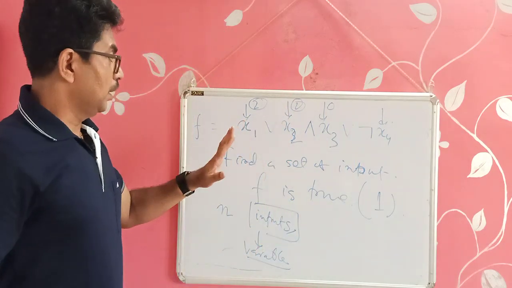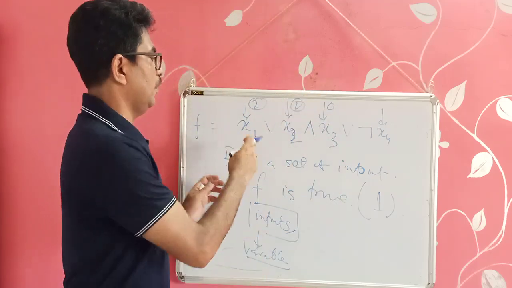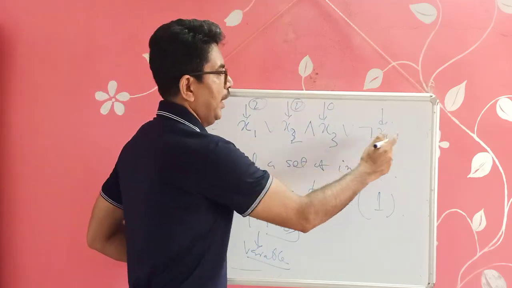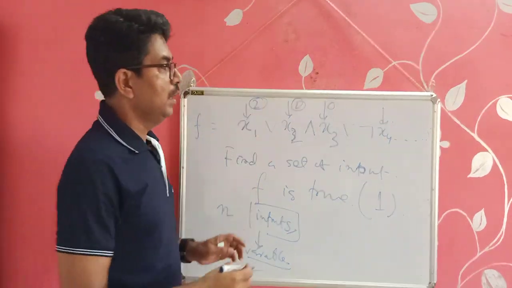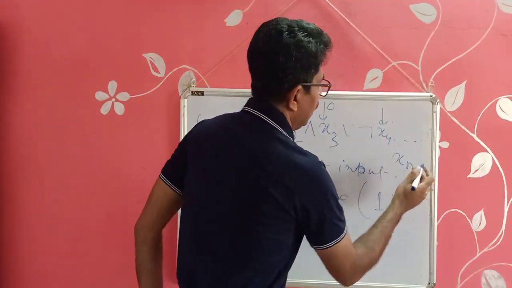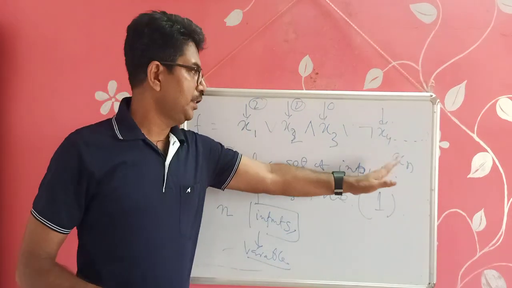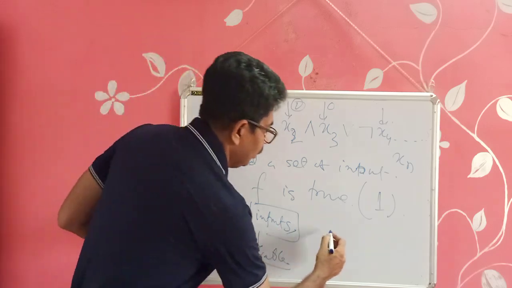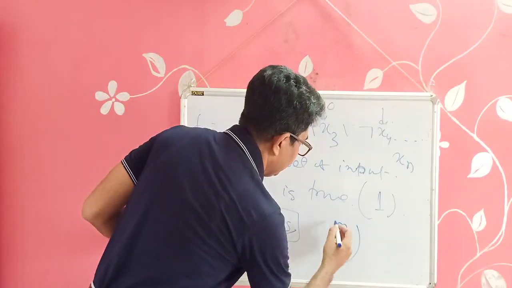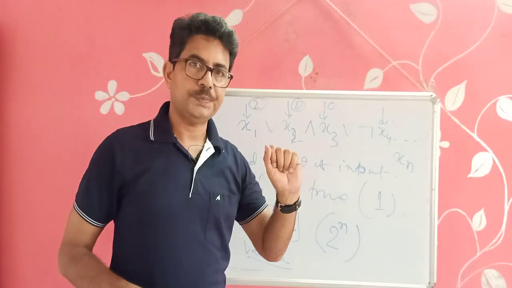The approach is that we list out all possible combinations of x1, x2, x3 and x4. If n variables are there, then each has two possibilities, so we will get 2 to the power n different possible combinations of x1 to xn.